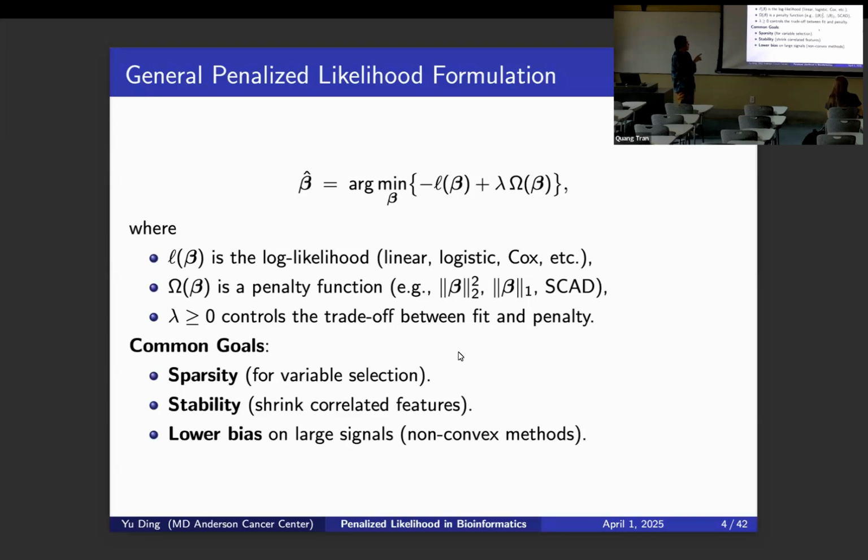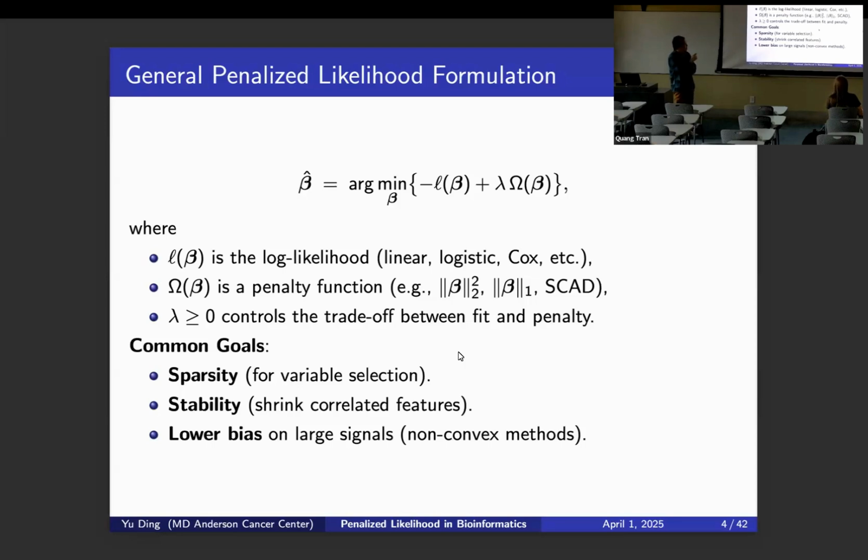The first part is minus L, where L is our classical log likelihood function given different model types. For example, if we are talking about linear regression, logistic regression, or Cox regression, we can form different types of log likelihood functions. But this is the classical method.